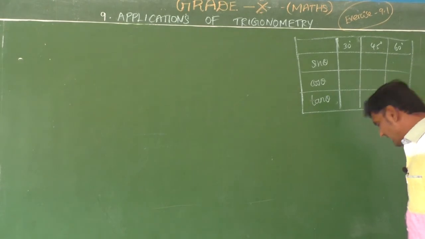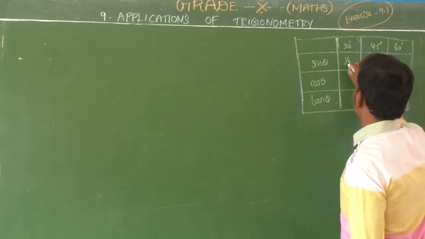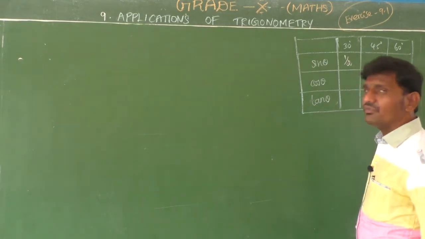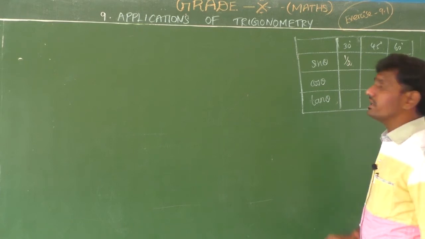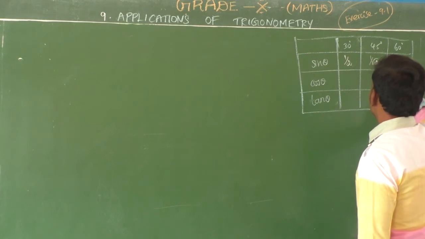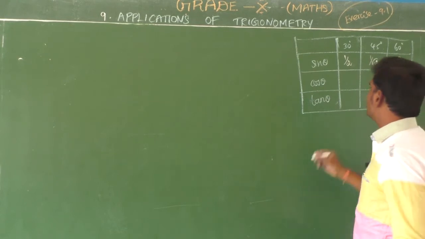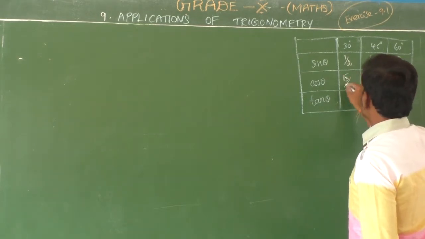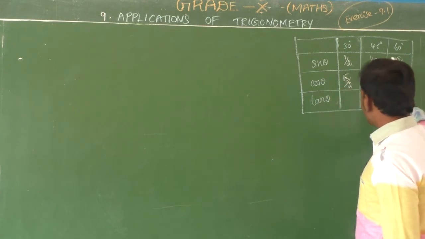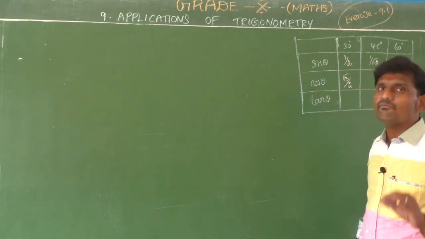So sin 30 degree, you already know, is 1 by 2. Sin 45 degree is 1 by root 2. Sin 60 degree is root 3 by 2. And cos theta is the reverse of this, so root 3 by 2 comes to cos 30. Sin 60 and cos 30 have the same value.